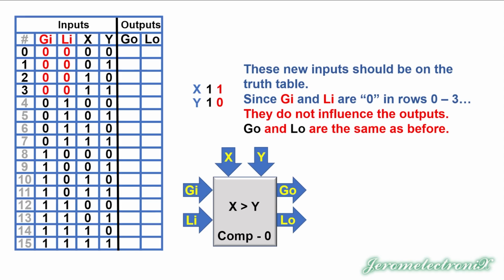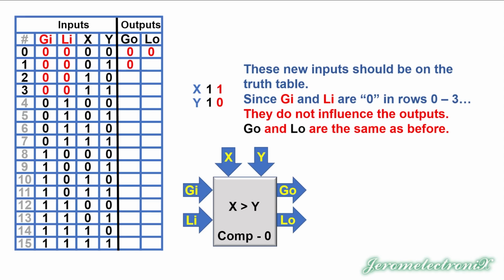So now GO and LO will be the same values as before, since the GI and LI being at 0 means we don't know yet from the previous operation. So now we're comparing x and y again, and is x greater than y? No. Is x less than y? No. So false, false. We're going to put zeros in when it's false.